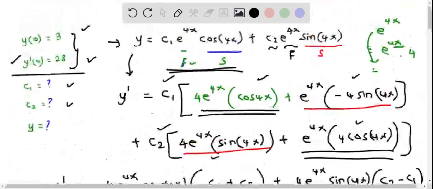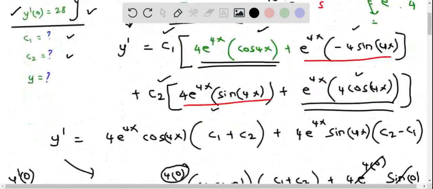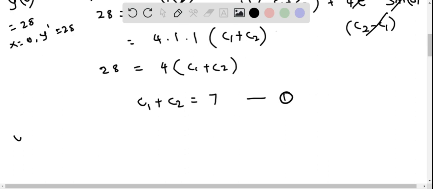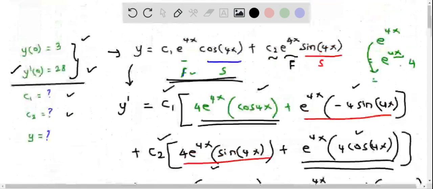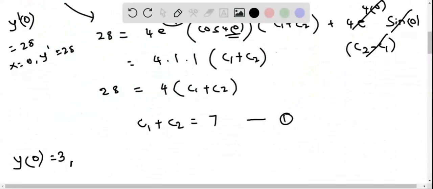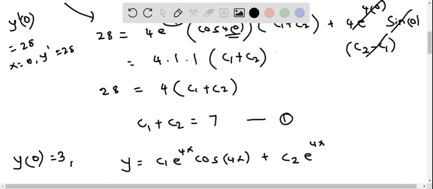Now let's use the other initial condition, that is y of 0 equals 3. For that I'm going to write the solution equation which is given in this question, that is y equals c1 e^(4x) cos 4x plus c2 e^(4x) sin 4x.